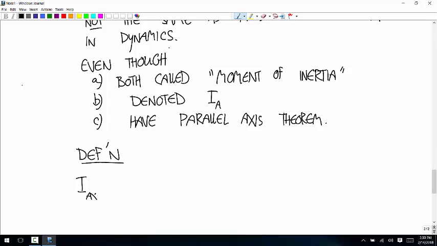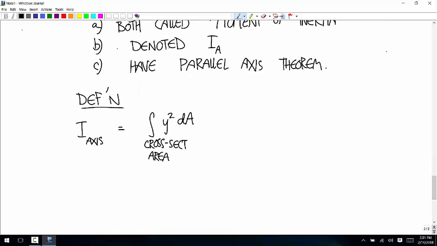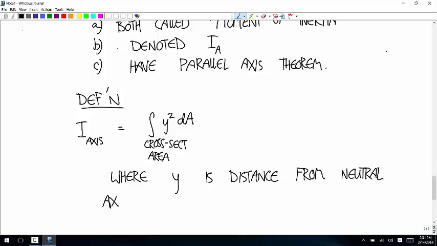So the moment of inertia about an axis is equal to the integral over the whole cross-sectional area of y squared dA, where y is the distance from the neutral axis to the infinitesimal area dA.